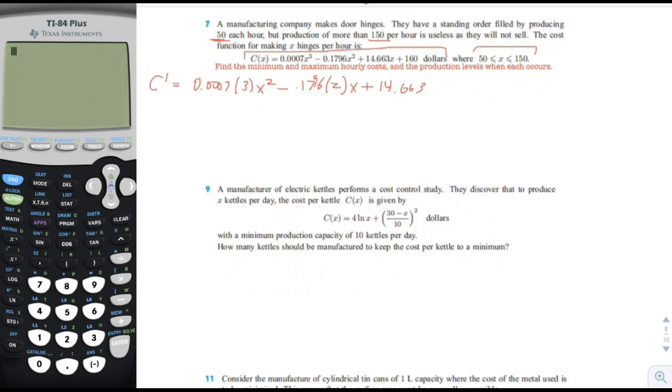We probably want to take the second derivative also because the second derivative is going to tell you if it's a maximum or minimum, and they're already asking that. So to get the second derivative, we have 0.0007 times 6 times x minus 0.1796 times 2, and that's it.